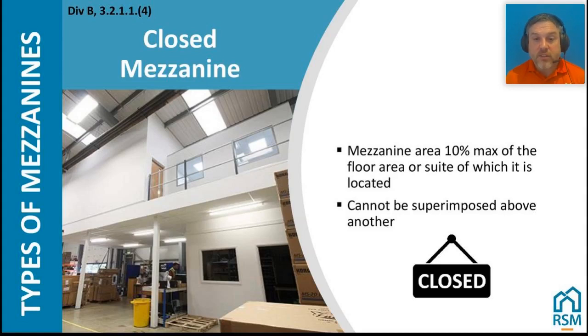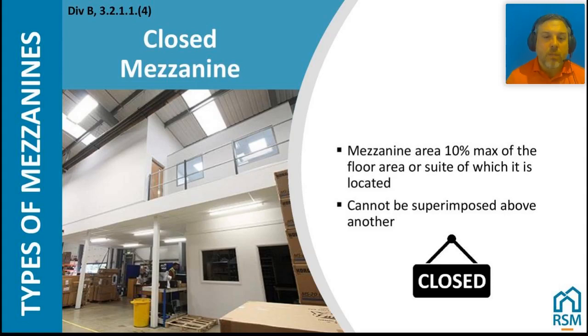And of course, a closed mezzanine is 10% max area of the floor area or the suite of which it's located. So if you've got a building with one suite, you're dealing with floor area, which is typically the story it's on. So that's one criteria. But if you're in a situation where it's multiple suites, then you have to deal with the suite. So it can be 10% of the suite at which it's located.